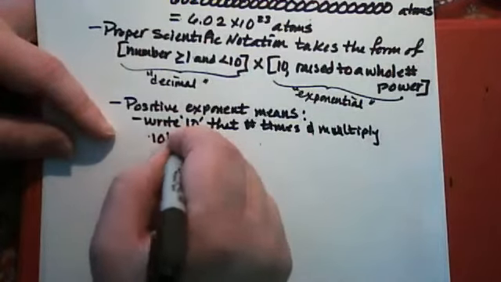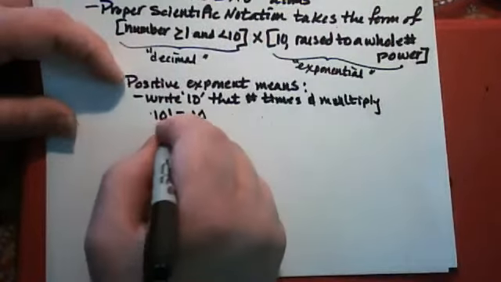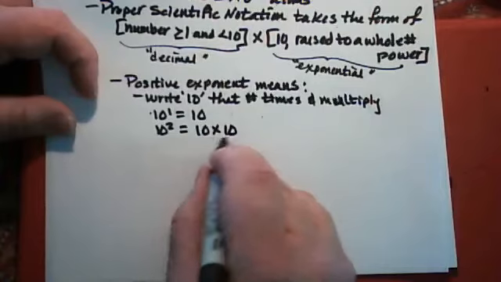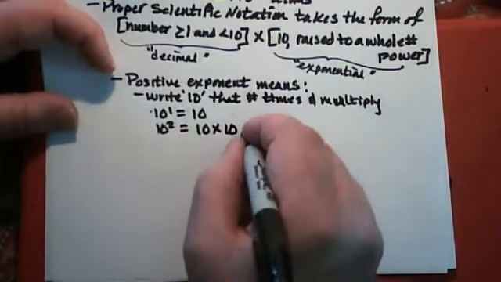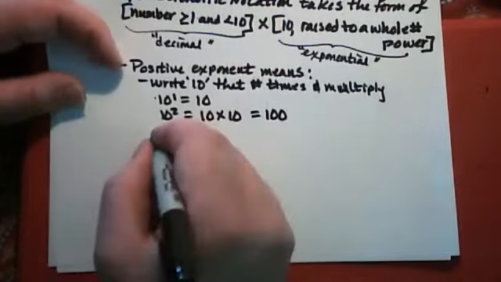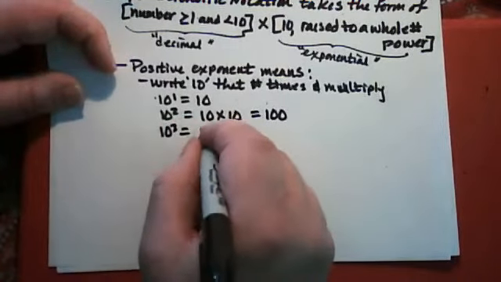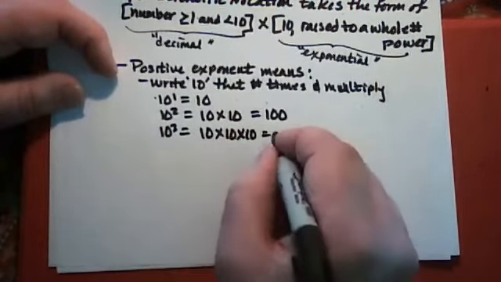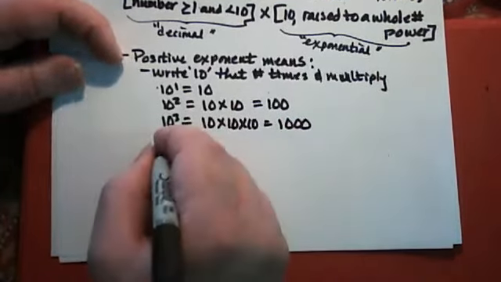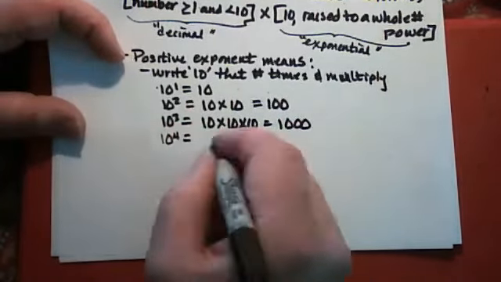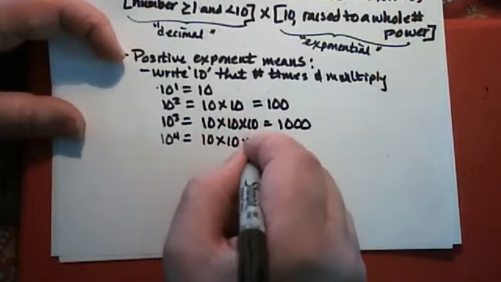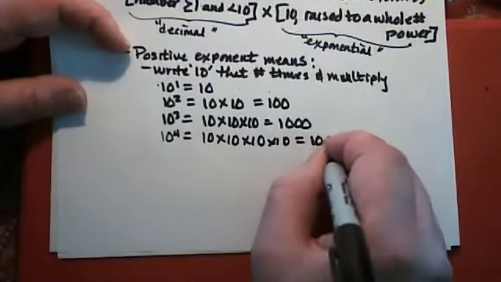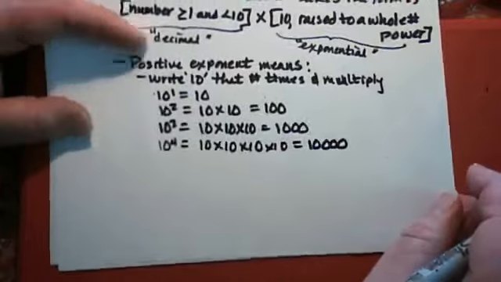So 10 to the 1 would be just 10. 10 to the second would be write down 10 twice and multiply them together. 10 times 10, that's 100. 10 to the third would be write down the number 10 three times and multiply them. That's 1,000. 10 to the fourth, write down the number 10 four times and multiply them together. And that's 10,000, and so on and so on.